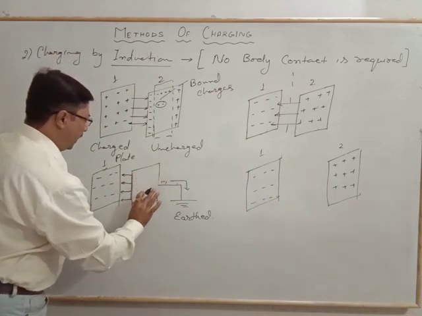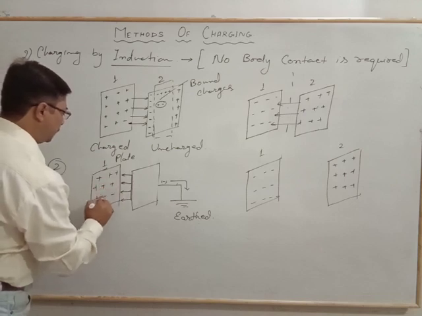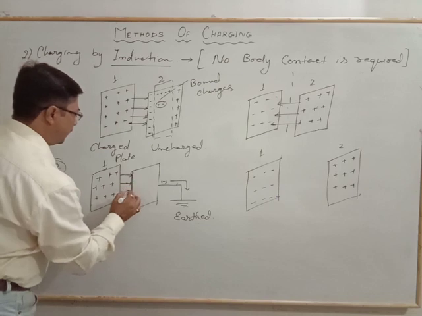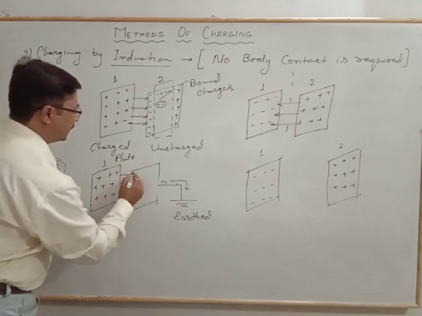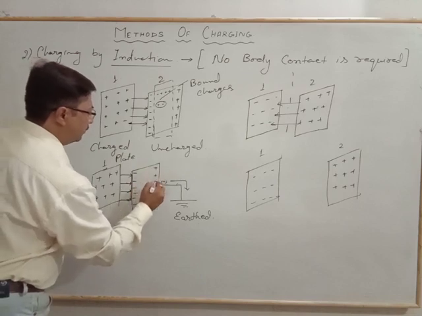Here the plate is positive, so on that case negative is developed at the front face of the second plate, and the positive will be here.